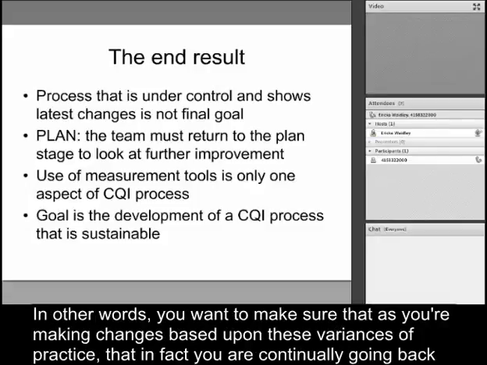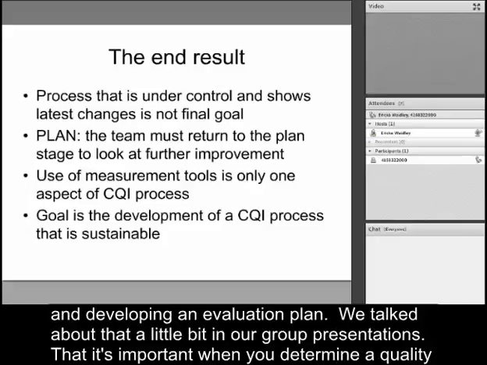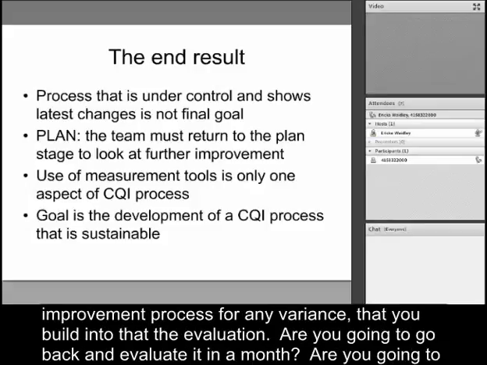In other words, you want to make sure that as you're making changes based upon these variances of practice, that in fact you are continually going back and developing an evaluation plan. We talked about that a little bit in our group presentations, that it's important when you determine a quality improvement process for any variance that you've built into that the evaluation.